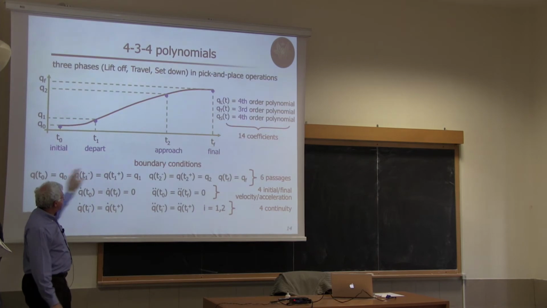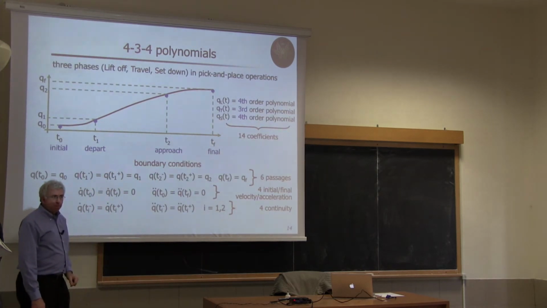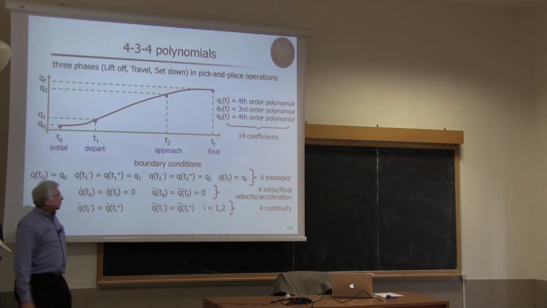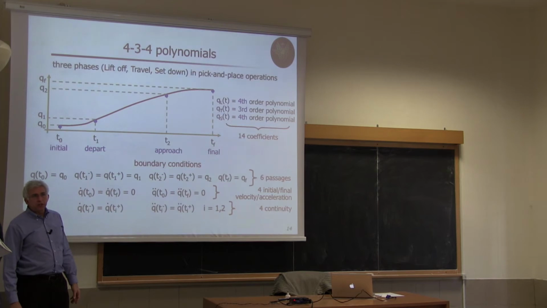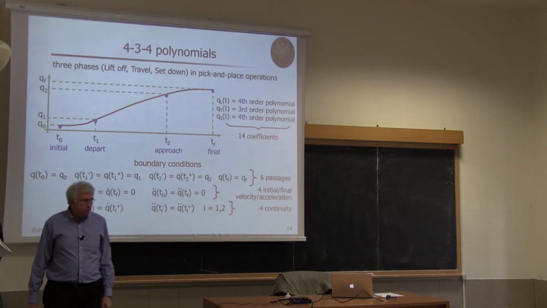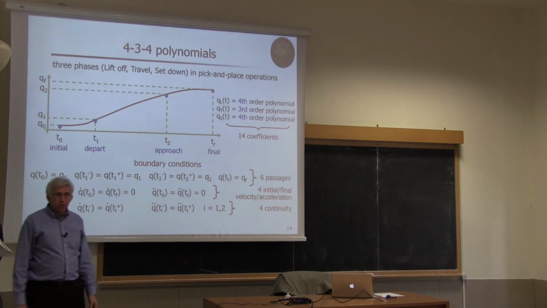Why 6? Because the 4 initial and then this duplication. Plus 4 given conditions on the initial and final velocity and acceleration, plus 4 continuity conditions up to the acceleration. So a total of 14 conditions.